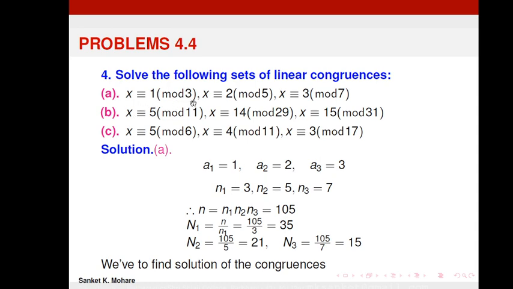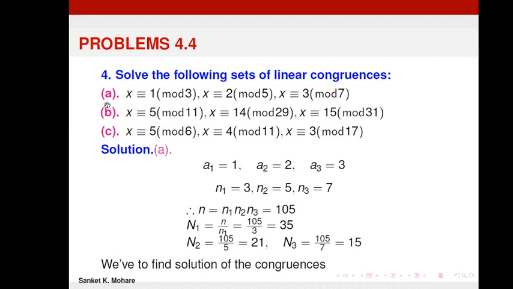First, x is congruent to 1 modulo 3, x is congruent to 2 modulo 5, x is congruent to 3 modulo 7. Second, x is congruent to 5 modulo 11, x is congruent to 14 modulo 29, x is congruent to 15 modulo 31. Third, x is congruent to 5 modulo 6, x is congruent to 4 modulo 11, x is congruent to 3 modulo 17.